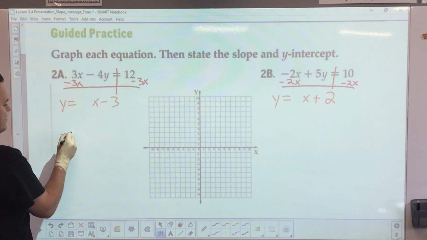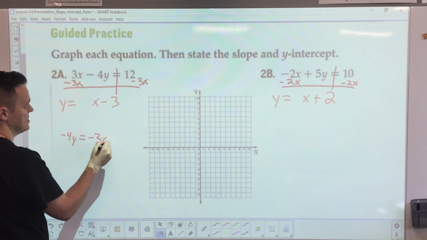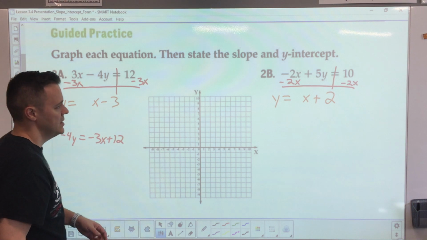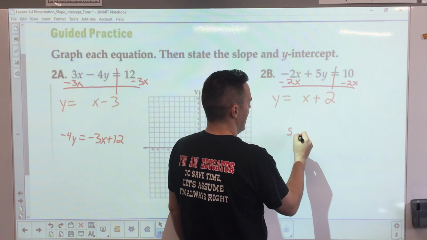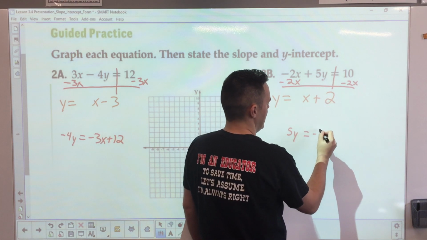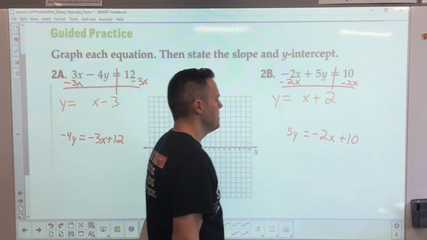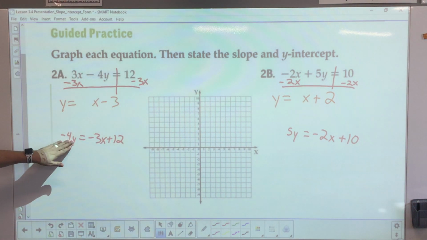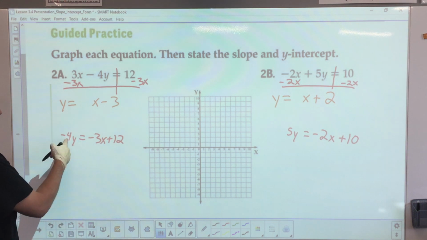So it's going to be negative 4y equals negative 3x plus 12. And then this one here, these cancel out, so it's going to be 5y equals negative 2x, and then that's a plus 10. You can see I'm already setting them up in the y equals mx plus b format.